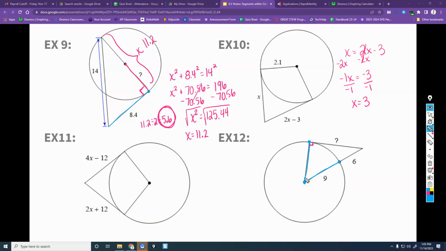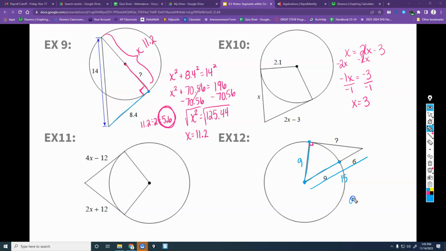What do we know about all of the radii of the circle? They're all the same, right? So this is 9 right here, which I think is kind of cool, and whenever I see these problems, I don't think of it at first. So if we're thinking about just the triangle now, the length of this side is 15, right? And that is our hypotenuse.